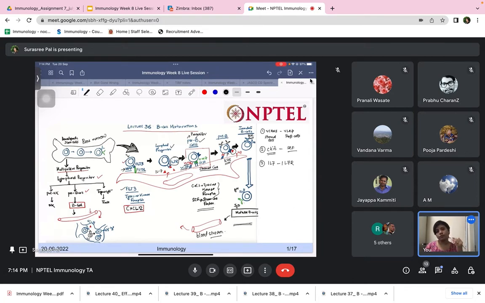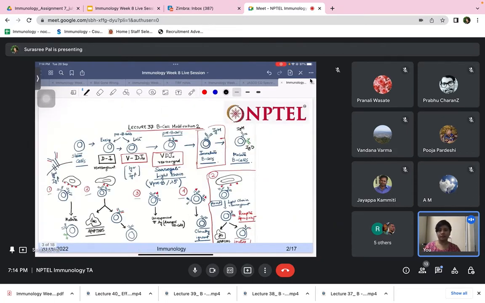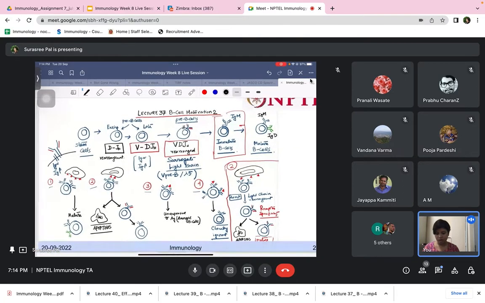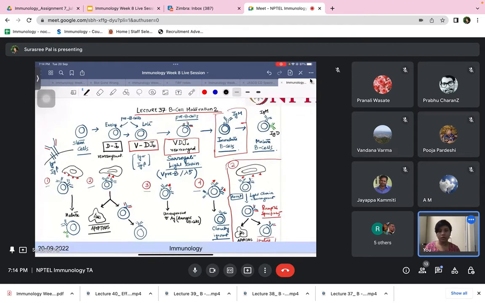So there are several events which go on inside the B cell, and now we will have a look at that. So this slide talks about what are these specific events which are occurring inside the B cell while the B cell is maturing.